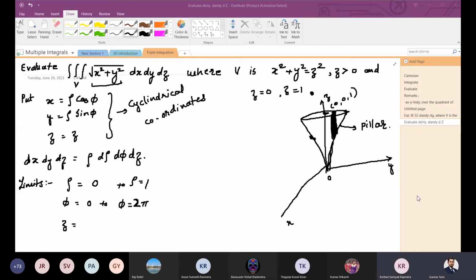Rho is running from... You're somewhat right, but you need to say it explicitly. Sir, 0 to root x square plus y square. But we are changing those variables, right? x square, y square are not the part of my new equation.